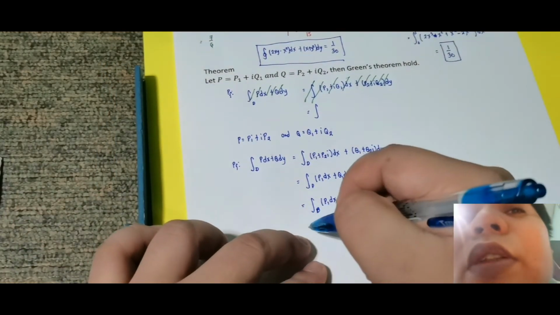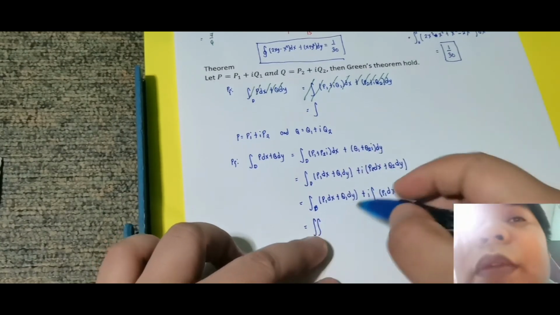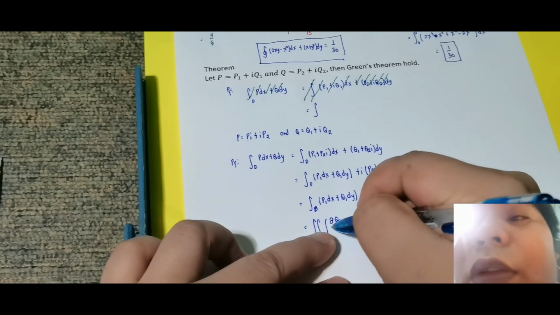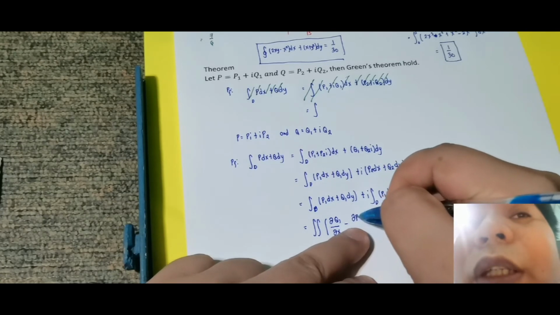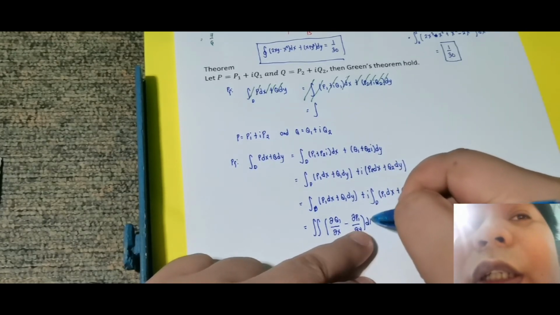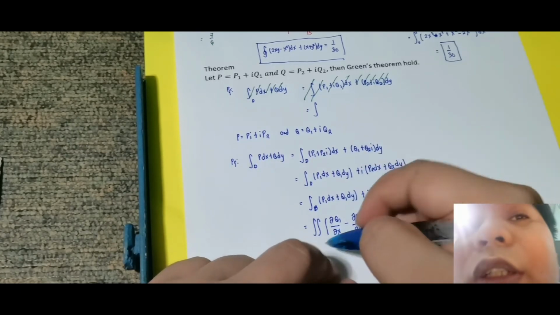So that is equal sa double integral ng partial of Q sub 1 with respect sa x minus partial of P sub 1 with respect sa y, then this is dA. Then this is plus i double integral, okay, so along S na to.